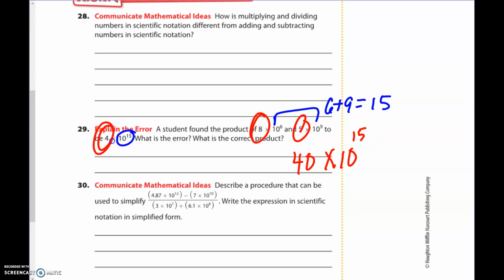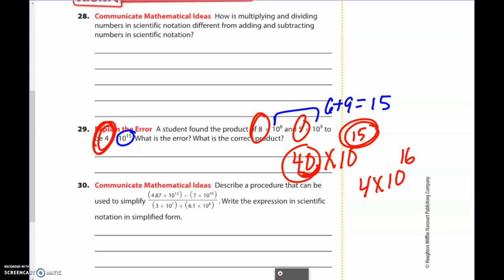Well, they just have a 4, and it should have been 40. So are they off by a multiple of 10? Should it really be 4 times 10? And this gets smaller, so this exponent has to get bigger. Okay, so it was off by a multiple of 10.